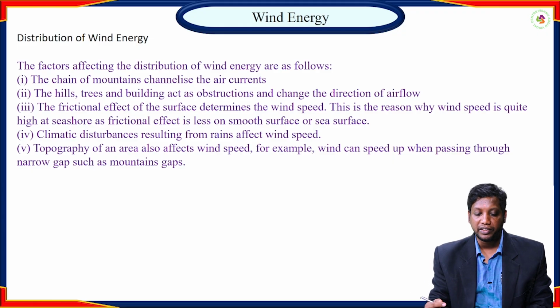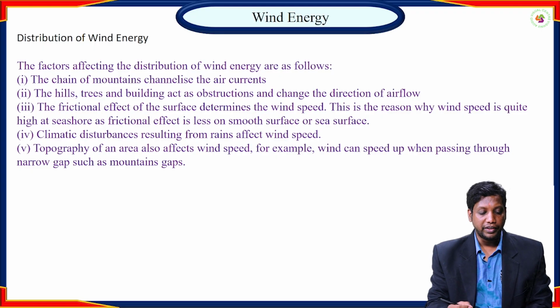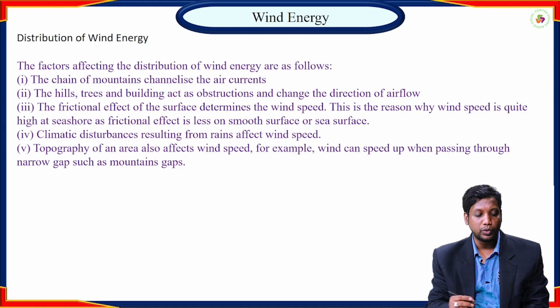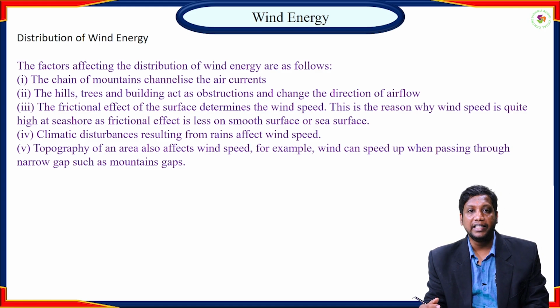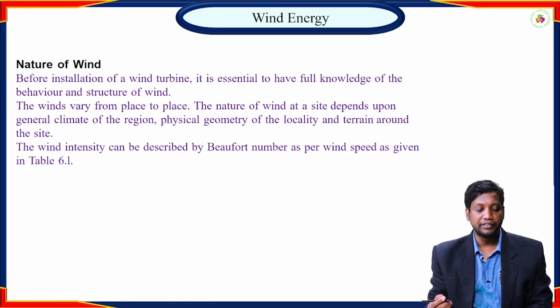So the frictional effect on the surface determines the wind speed, and the topography of an area affects the wind speed. For example, wind can speed up when passing through a narrow gap, such as mountain gaps, which will increase the speed of the wind. And there are different kinds of wind velocities with respect to classification.